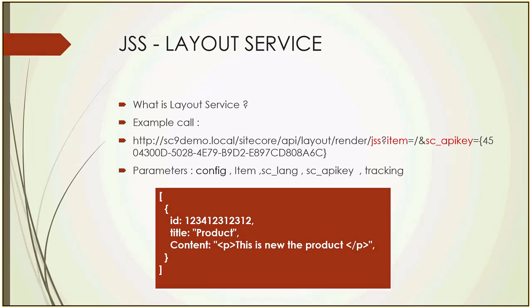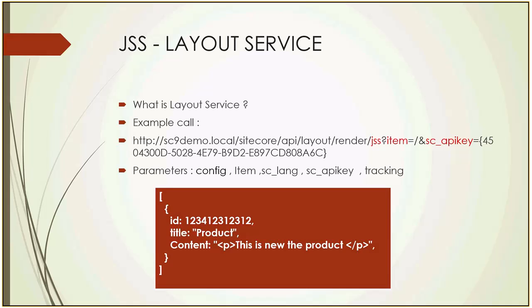Basically, the user or the application will make a call to a REST API endpoint and will return a JSON with a lot of information, like ID, page title, content field, and any other fields that the item may have. Then your application will interpret it and make this useful in some way.